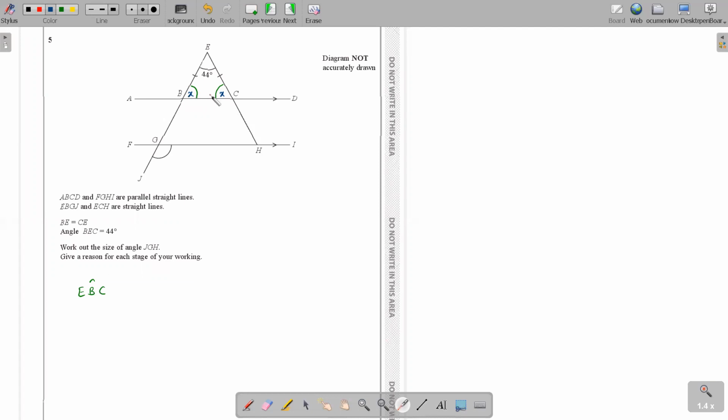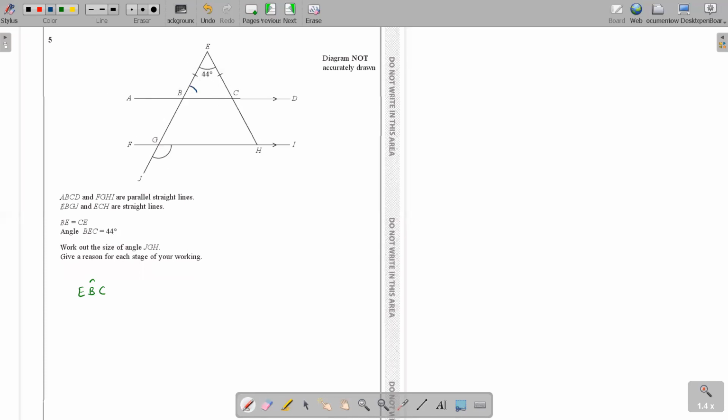So we find it by subtracting what? From 180, we subtract the 44, and then we get these two angles, which are equal, so we divide by 2 to get the size of one angle. Is that okay?